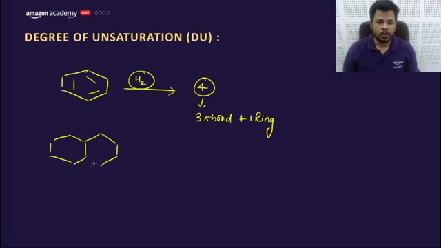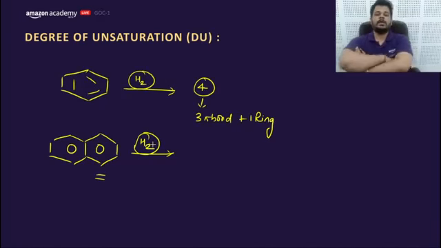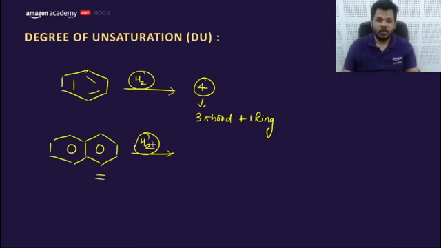Now it would be asked like this. They will test your resonance abilities also. What would be the DU of this? How many moles of H2 are required to convert it into an acyclic saturated compound? No, it would not be 8, my dear friends.